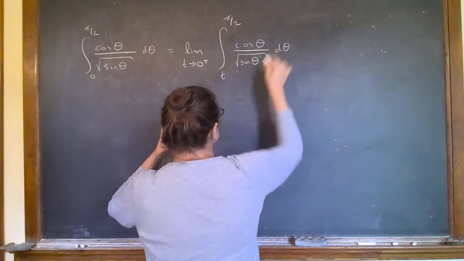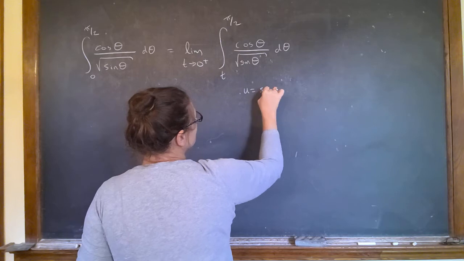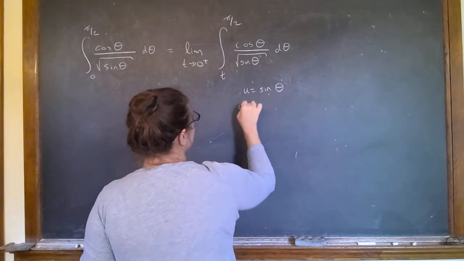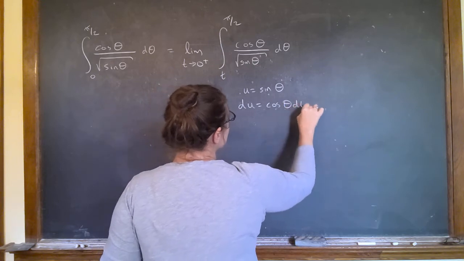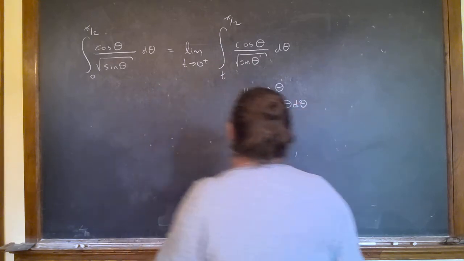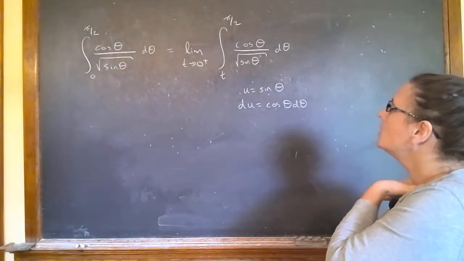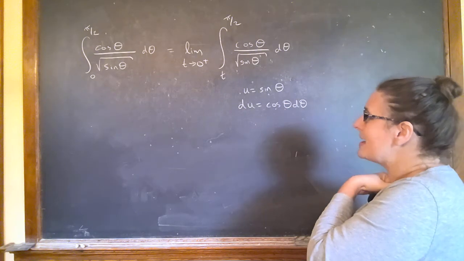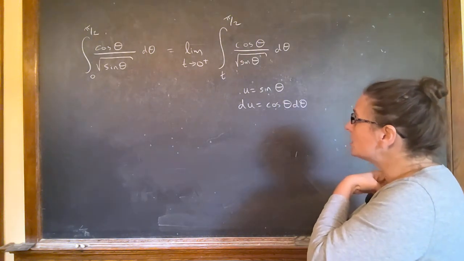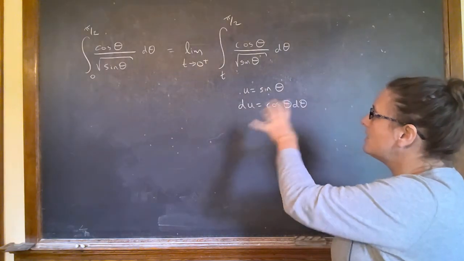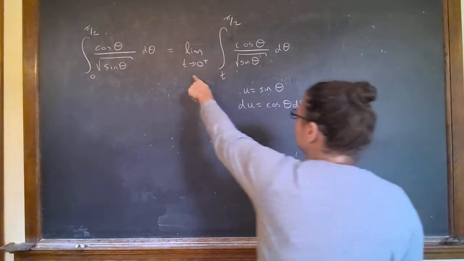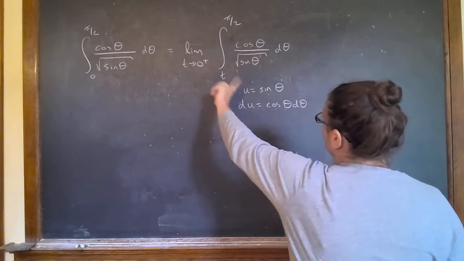All right, so I'm going to make a u substitution here. Obviously, u equals sine theta is a good one to make. By the way, that's a good point. I should be making that point right now. If you change the limits, you have to be careful with the fact that this limit needs to change too, okay?